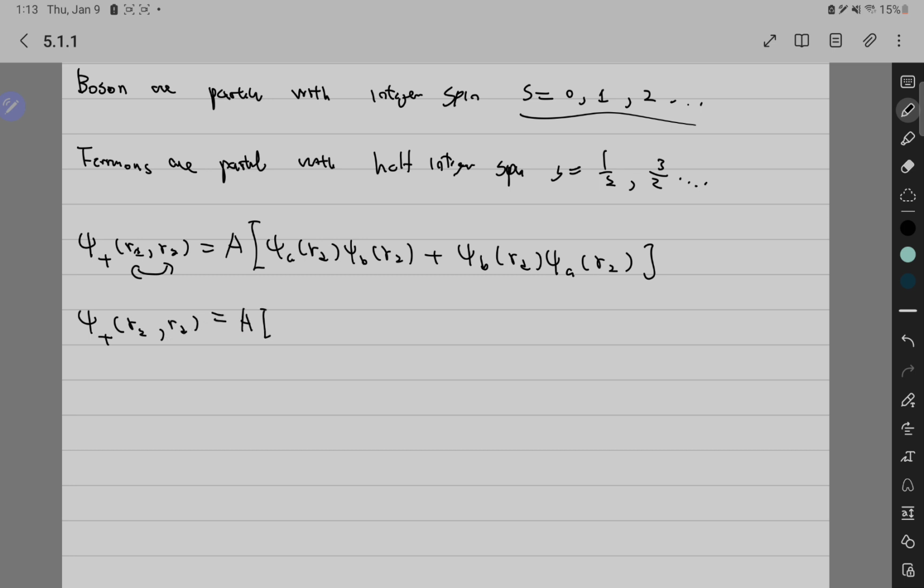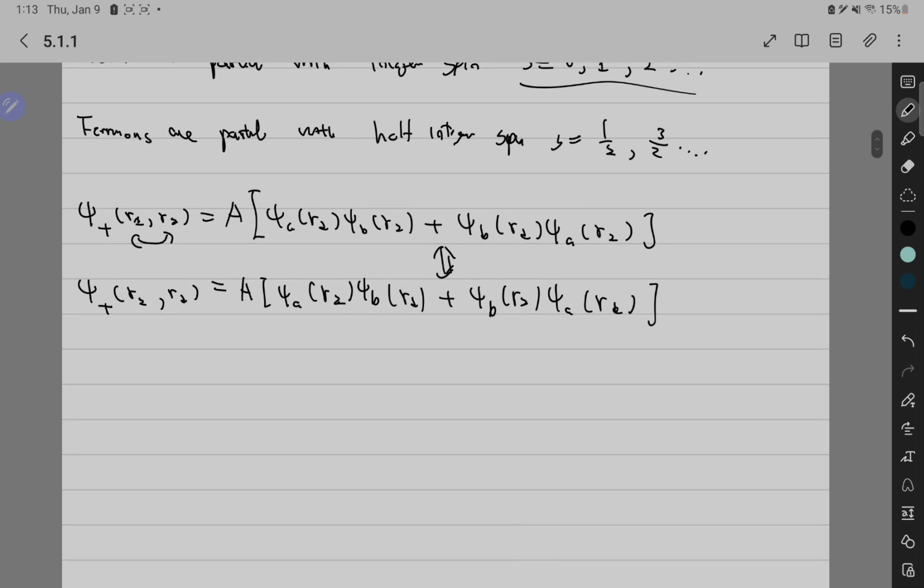So what is this going to be? Well, this is now going to be phi a r2 phi b r1 plus phi b r2 phi a r1. So these two are exactly the same, right?